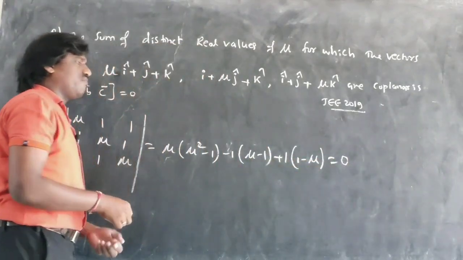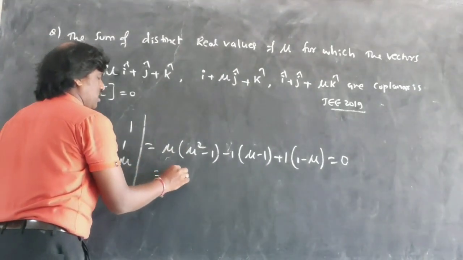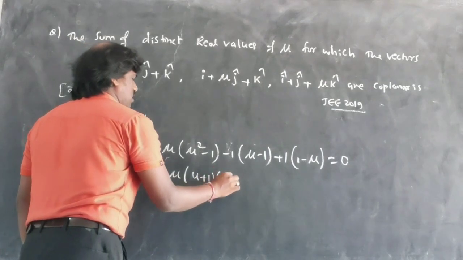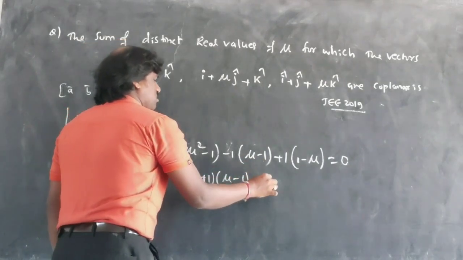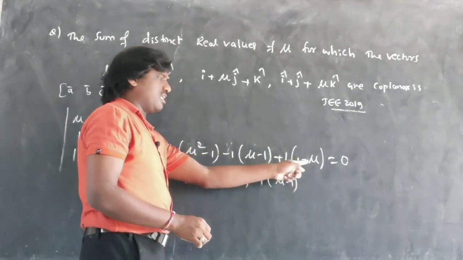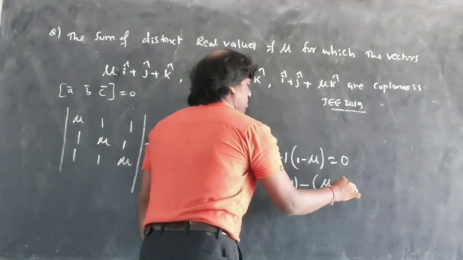That is the condition for coplanar. Mu square minus 1 can be written as mu plus 1 into mu minus 1, and you have minus 1 into mu minus 1. To make the last term also mu minus 1, I take minus common.